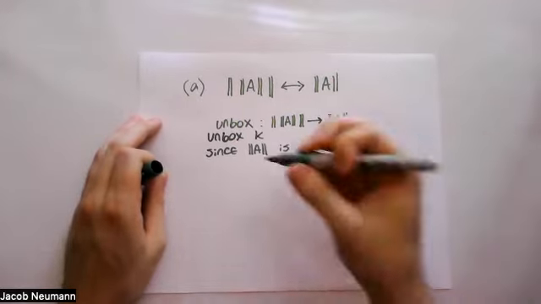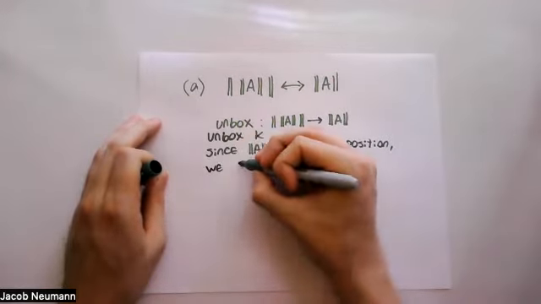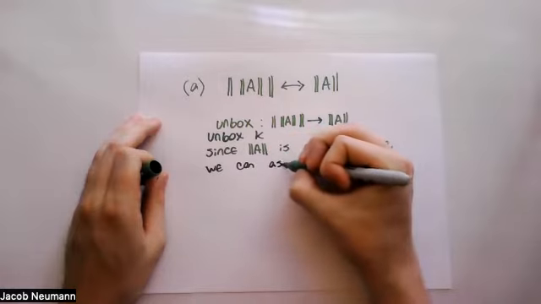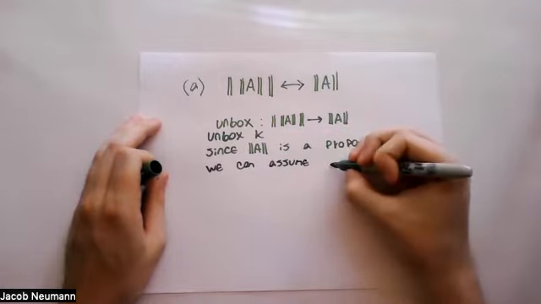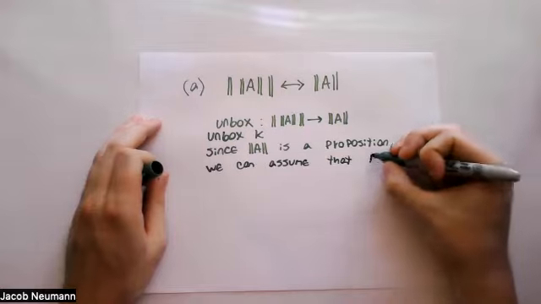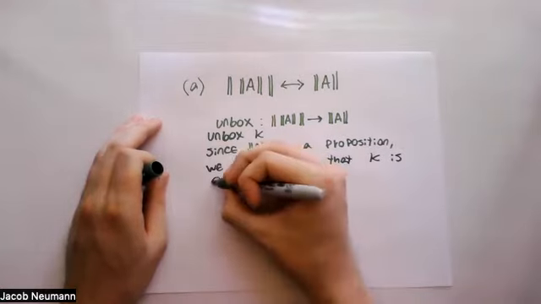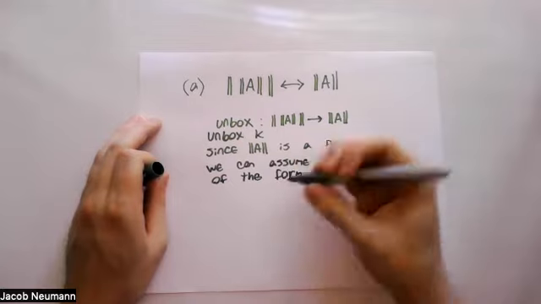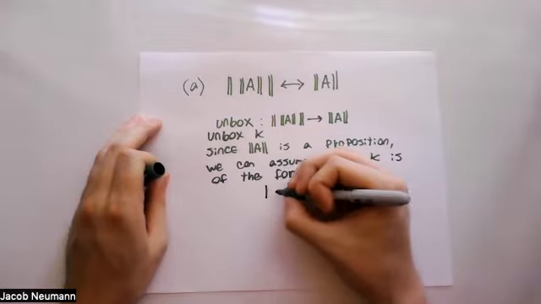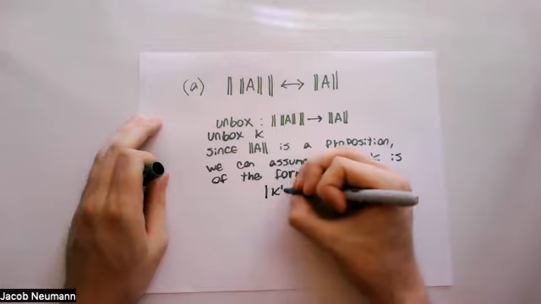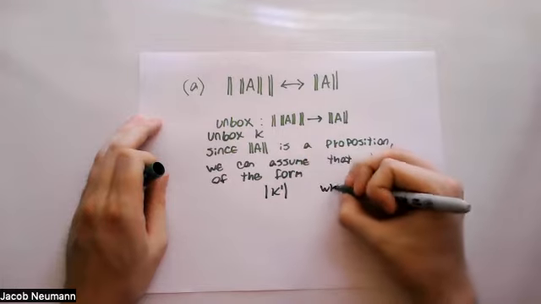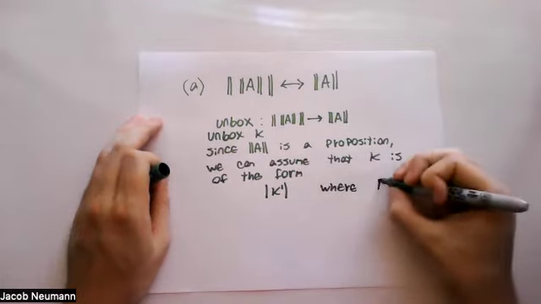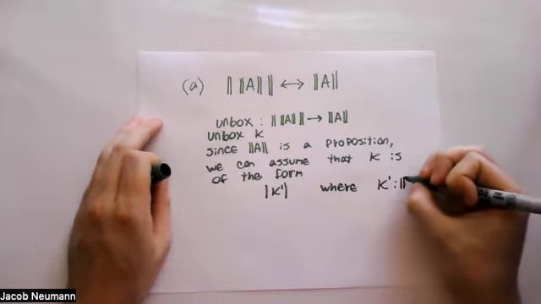Since the codomain is a proposition, we can assume that K is of the form truncation of some K prime, where K prime is.